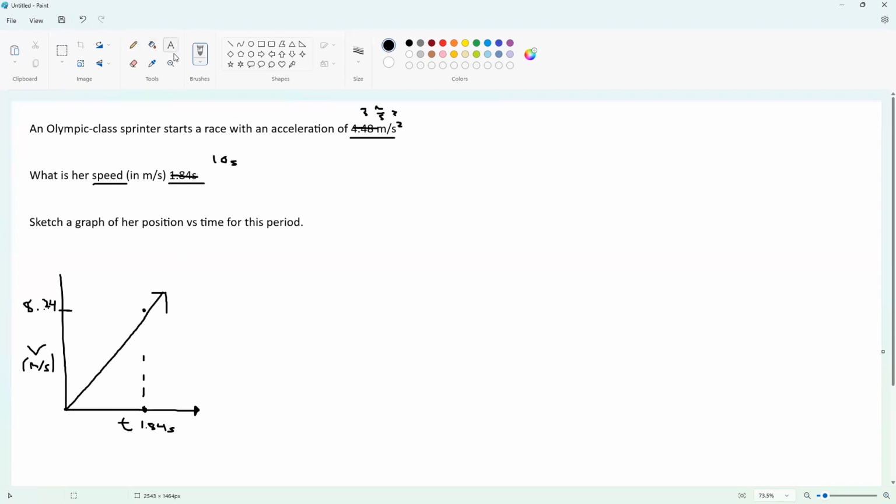So this is velocity versus time. Now we're going to go to distance versus time, which is where this gets pretty difficult.